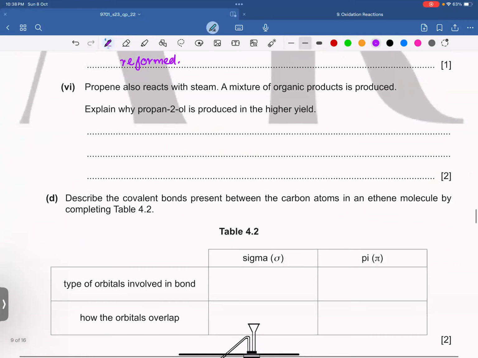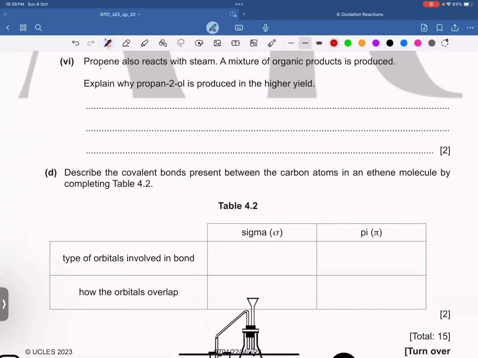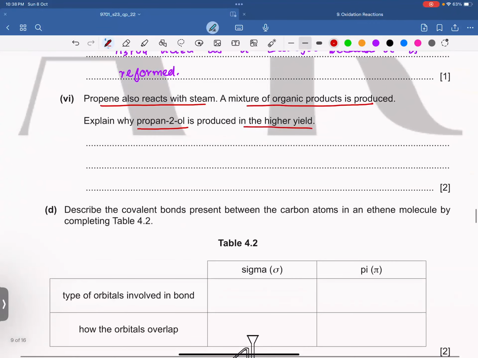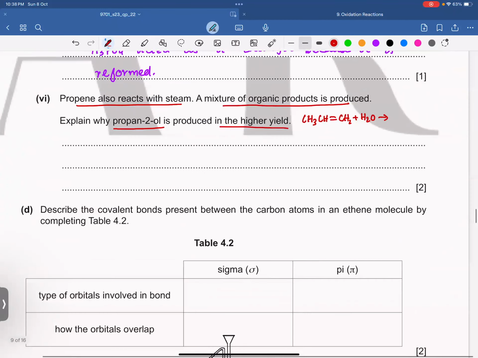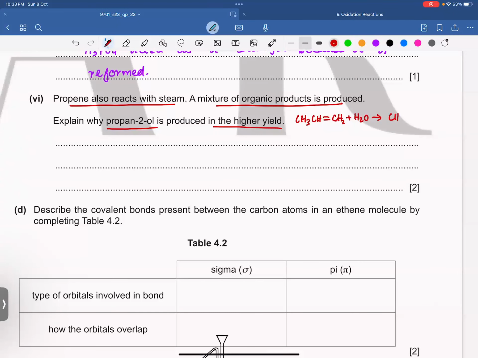Now, sixth part. Propene also reacts with steam. A mixture of organic products is produced. Explain why propan-2-ol is produced in the higher yield. So if you recall the reaction, propene is this compound, when it reacts with steam, we have discussed that we are going to get two products.